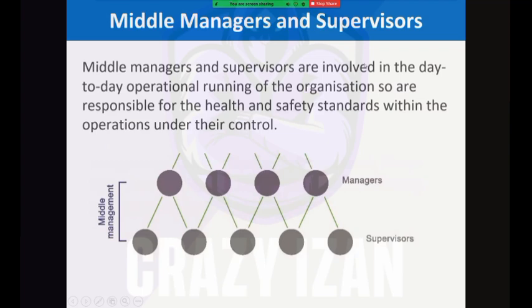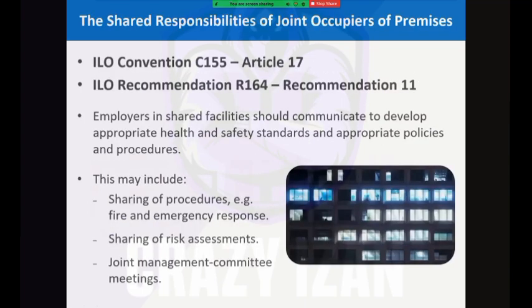Middle managers and supervisors are involved in the day-to-day operational running of an organization. So they are responsible for the health and safety standards within the operations under their control. So we have the managers and the supervisors, all of these people are known as the middle management. They take care of the daily things, all the work which is done, they are responsible for managing that.